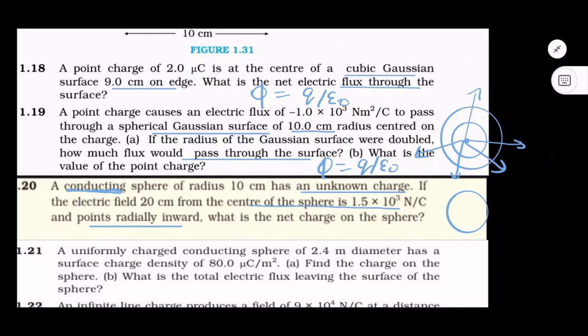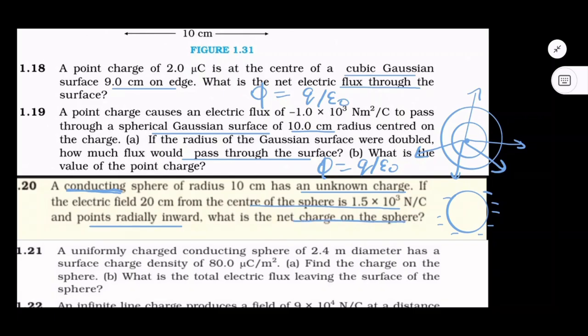Since we are not given the unknown charge, but in the next line the electric field is pointing inwards, we can say that the charge on the conducting sphere can be negative. So we have to now find the net charge on the sphere.